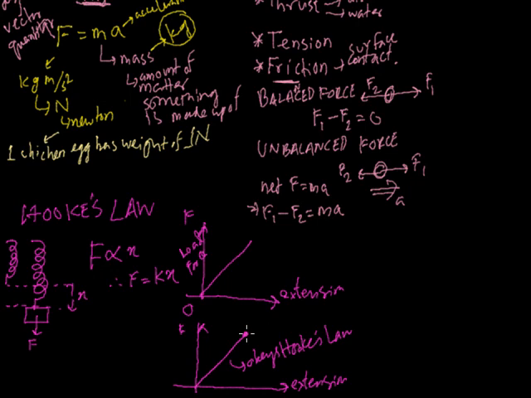But after that point it goes on like this. This is the point where it does not obey Hooke's law, and if you remove the load here, it will not return to its original position. So we call this the elastic limit. The elastic limit is the point up to which it follows Hooke's law, but after the elastic limit it does not obey Hooke's law.